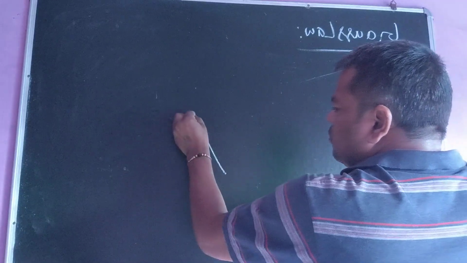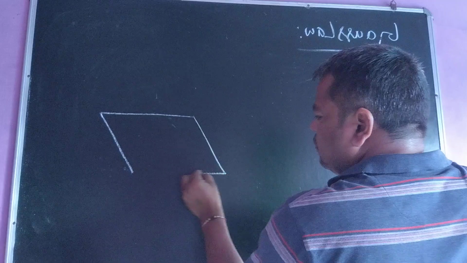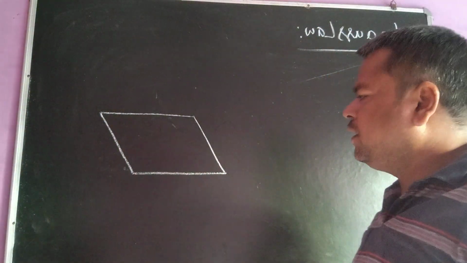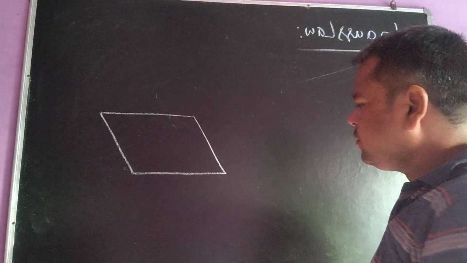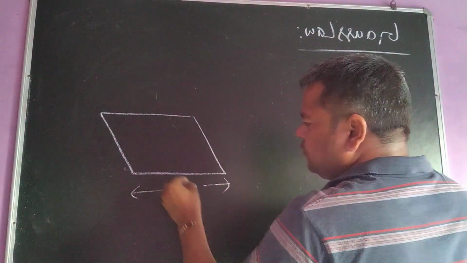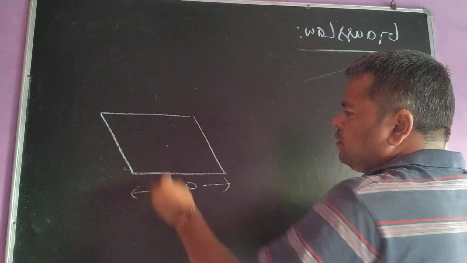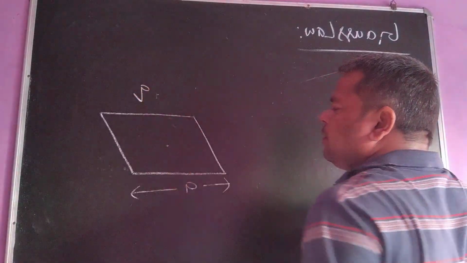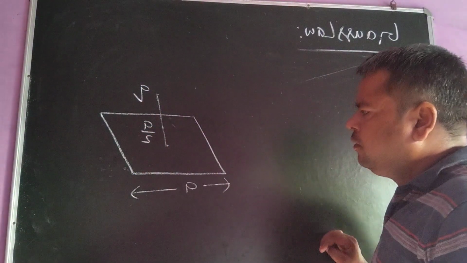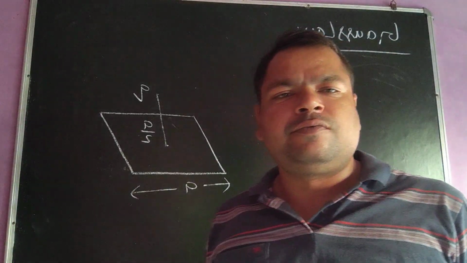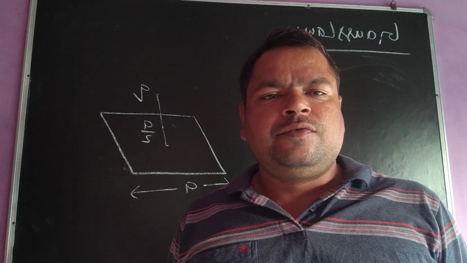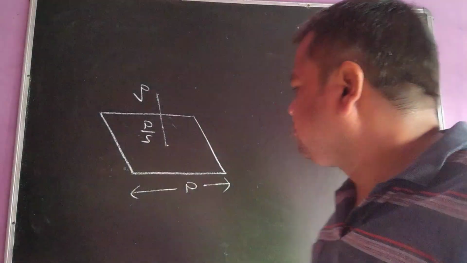Now, a question based on the Gauss law. We have this square sheet of side length A and a charge Q is kept at a perpendicular distance A by 2 from the center, and we have to calculate the flux passing through the sheet.